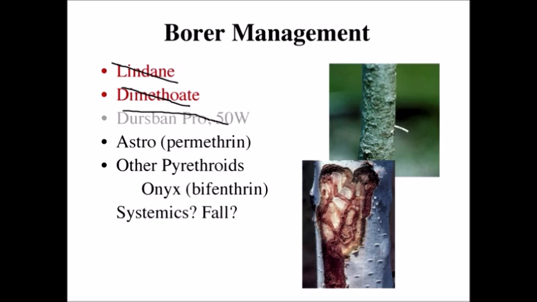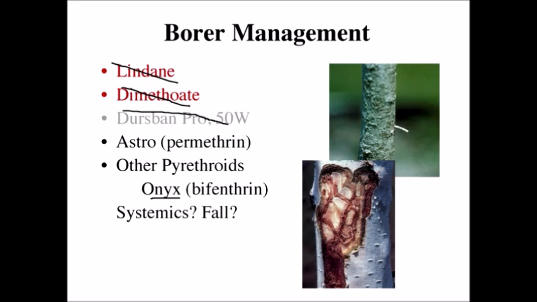So what we are left with is Astro, which is a permethrin product, and bifenthrin under the trade name Onyx, which have been used a lot for protective bark sprays and have been fairly successful at that. You see it a lot, and the nursery people use these a lot and are more or less happy with that since we lost Dursban and lindane.